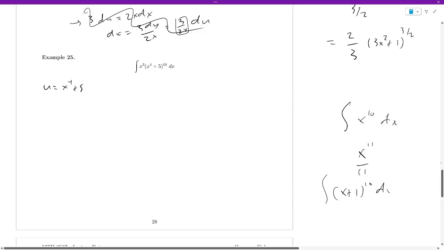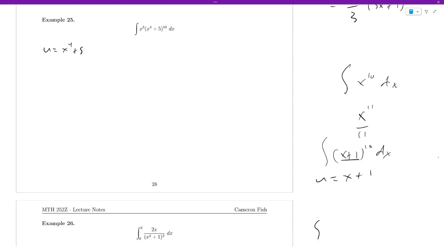So another reason to think about u-sub is, if only this was just an x instead of x plus 1, that would be awesome. Well, guess what? You can make it a single variable if you want. I can have it just be a u instead of an x plus 1. The plan here is I'm going to write u to the 10 du is what I want, because that's easy. That's like this one, right? The only thing stopping me from doing that is I have to do the u-sub thing correctly.